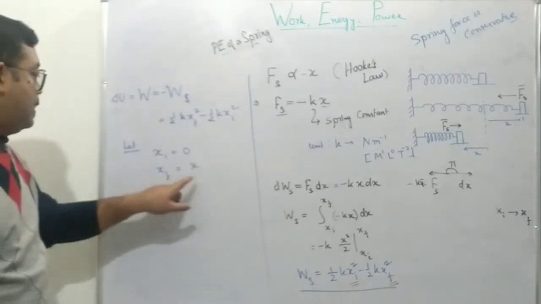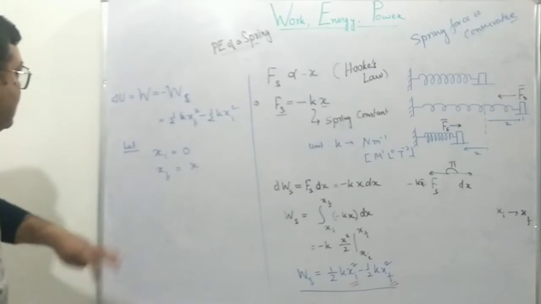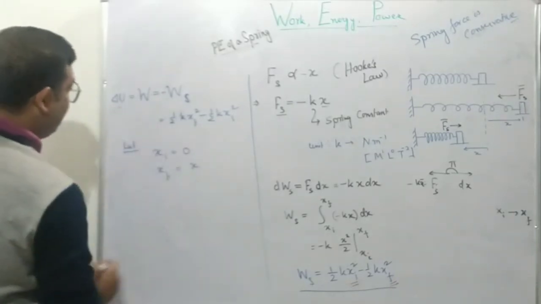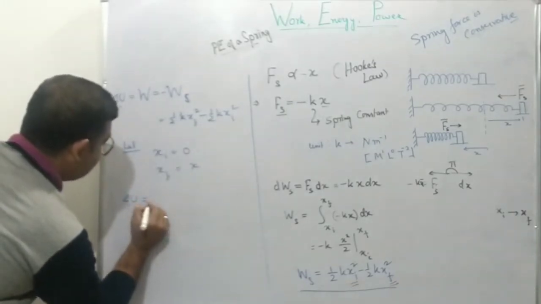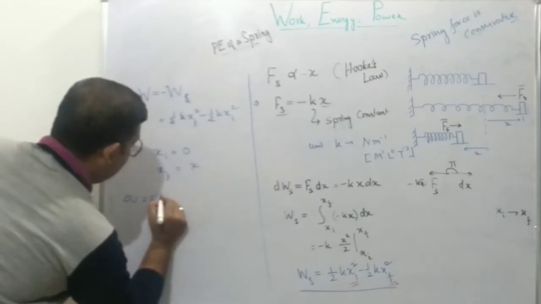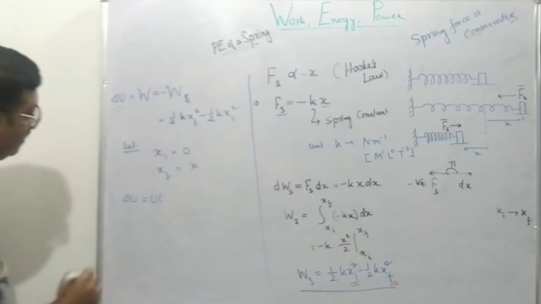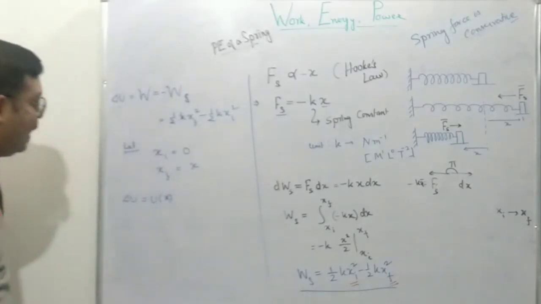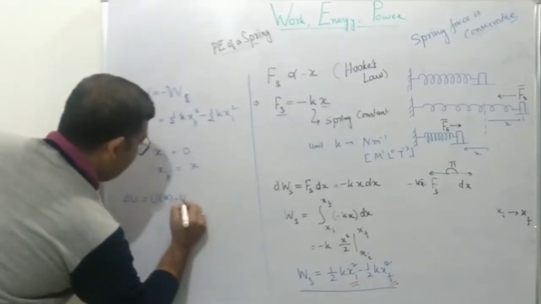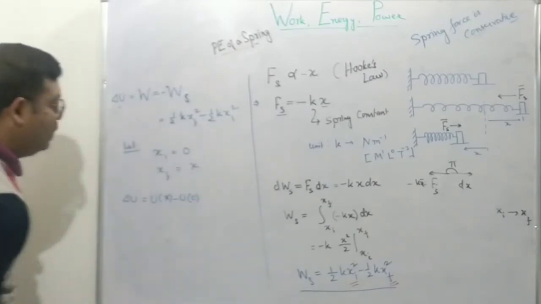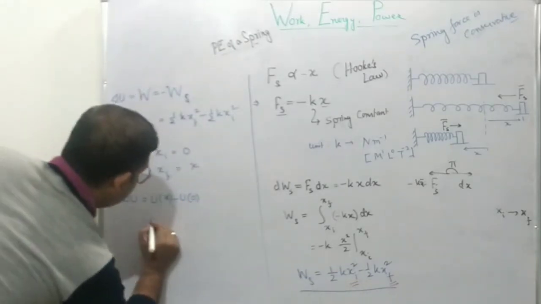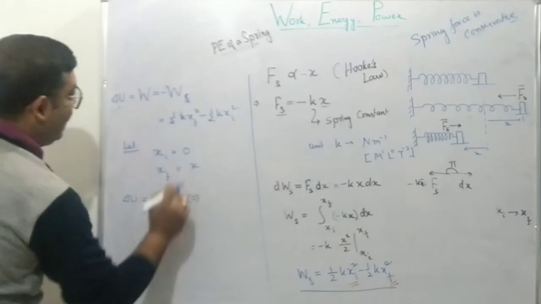The final extension or compression is x. Under that condition, this equation will give us delta U, which is equal to U final, which is at displacement x, minus U at mean position, must be equal to half k xf square minus half k xi square.